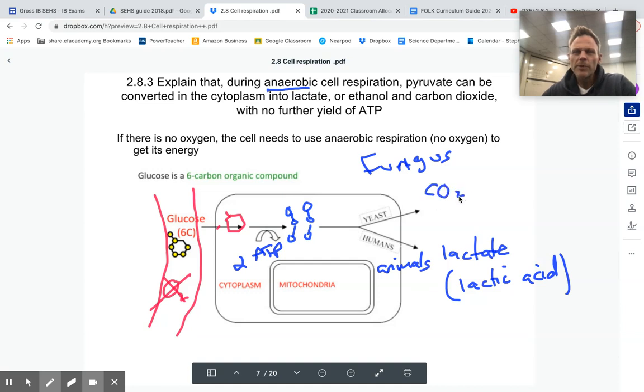If you give yeast some sugar, it will make carbon dioxide, this gas, and it will make some alcohol, specifically ethanol. Those are the waste products there.